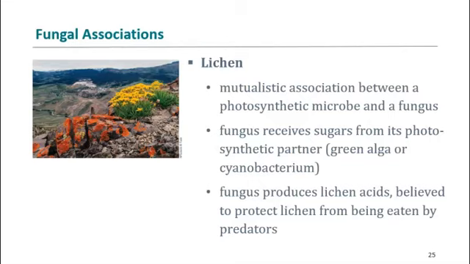The fungus benefits from having a photosynthetic member, an algae or a cyanobacteria, both of which are capable of photosynthesizing and producing food. So the fungus once again receives the food, and the fungus in turn protects the alga from being dehydrated. It says in the notes there that it produces lichen acids that protect it from being eaten by predators.